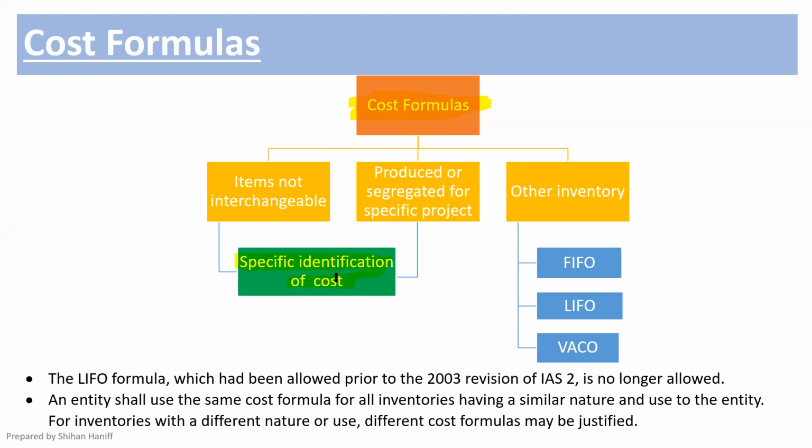If you can specifically identify the cost, let's say for an example, you are buying and selling books. Each book, the price is different. Let's say one book you purchase for 1,000, another for 2,500, another 4,800, another 1,500, and you sell only book 2 and 3.